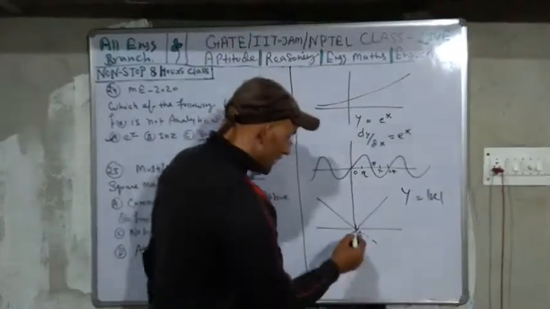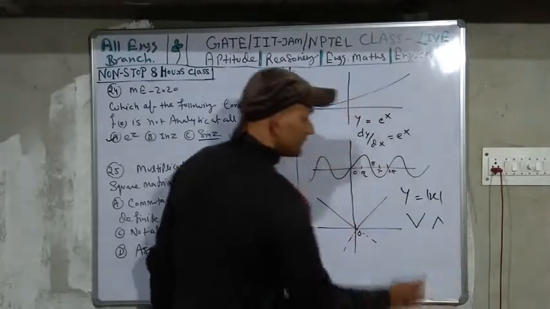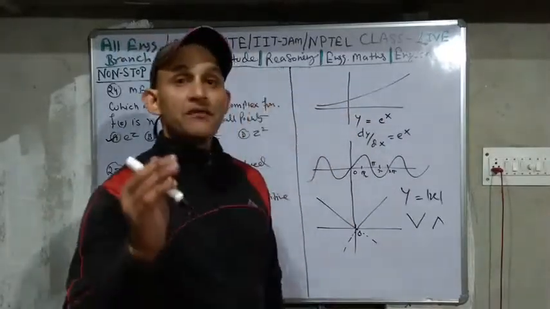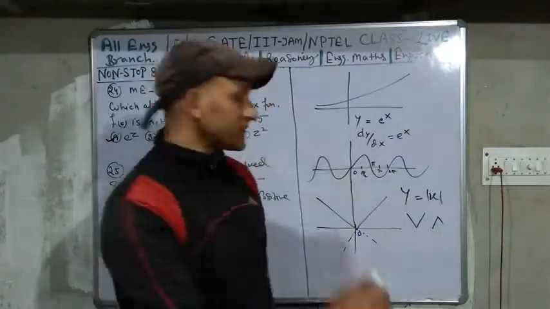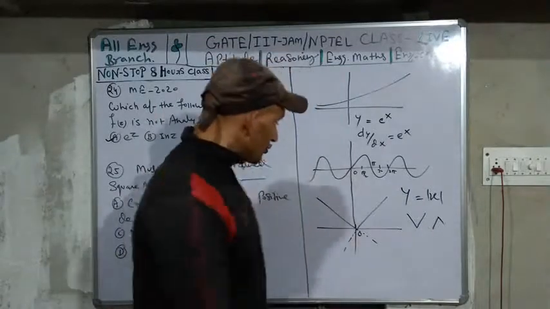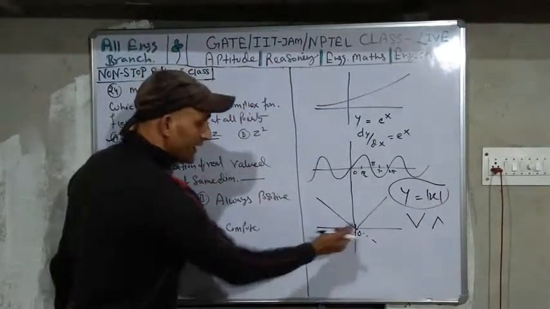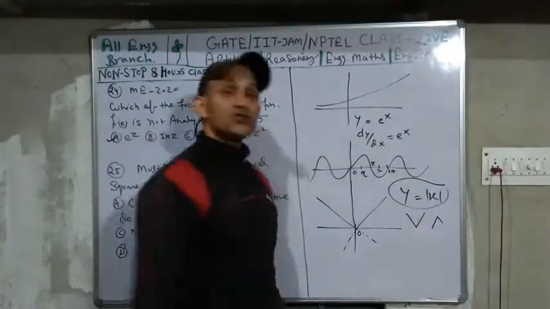So there is a cusp. Cusp means a corner, such type of corner. If there is any such corner, then you will say that such a function is not differentiable at that point. So this function is differentiable everywhere except at 0. At 0 this function is not differentiable.